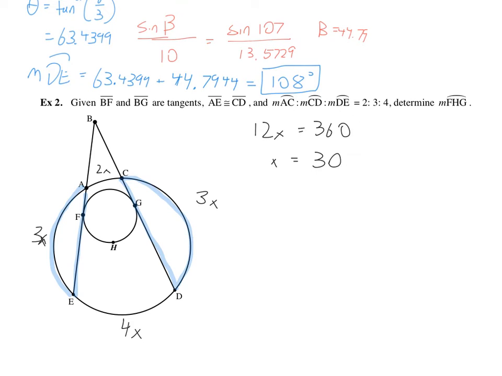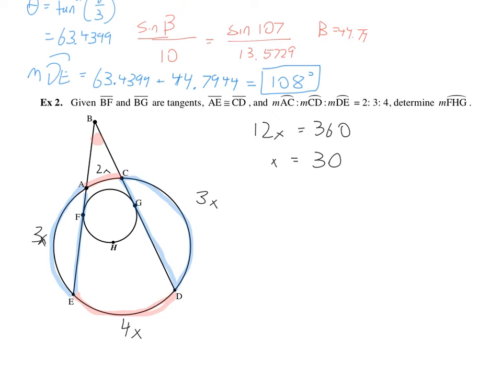So then if I'm focused on, let's say, finding FHG, I'm going to try to use this in a couple different ways. So first, I'm going to figure out what the angle is right over here. Okay, so I'm going to take those two arc measures and subtract them and divide them by 2 in order to find the measure of angle EBD.